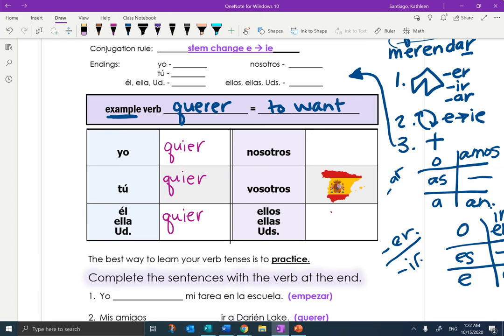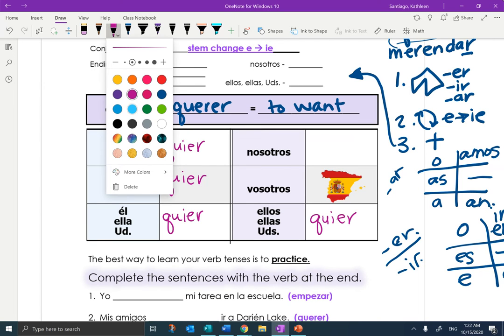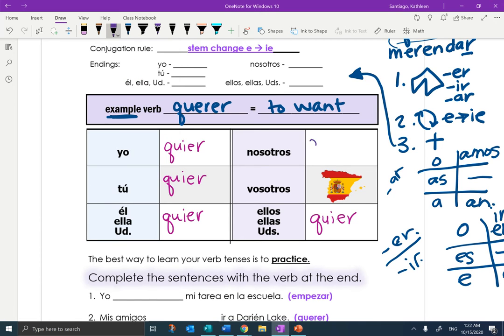Now you know why I stopped there, right? I stopped there because we have a friend up at the top, nosotros, who does not take the stem change. So I'm just going to shift colors back to the purple, and I'm going to write the Q-U-E-R, which is the original stem when I chopped.